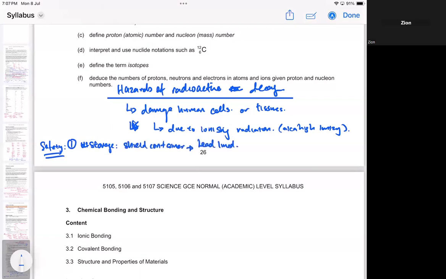So if you want to carry around radioactive substances, make sure it's in a box that has walls of lead metal. Then when handling all this, you should use lead-lined gloves and clothing, suits that have layers of lead metal around them.